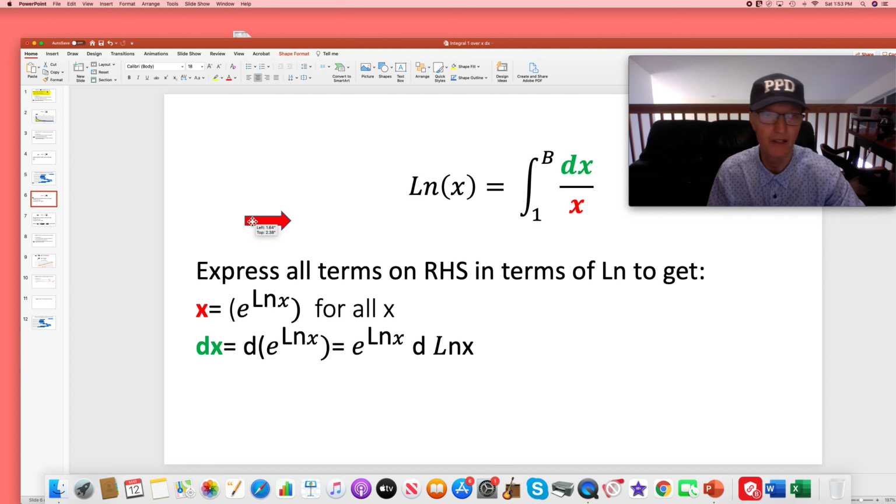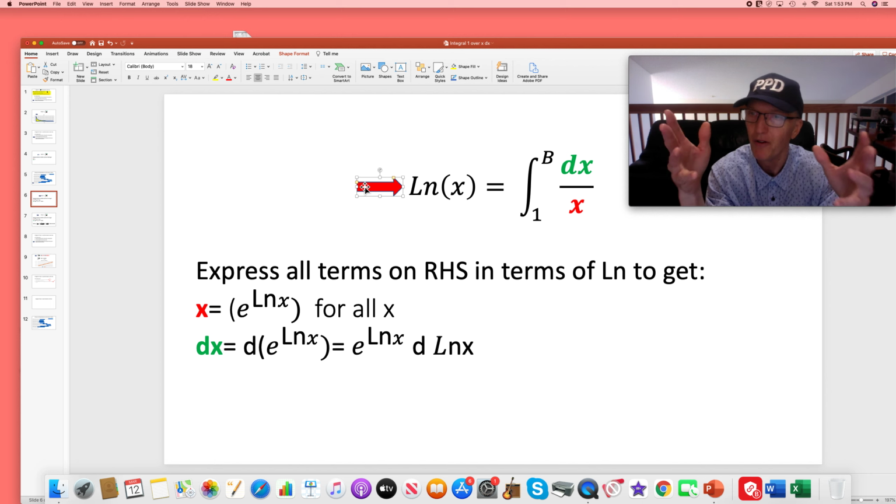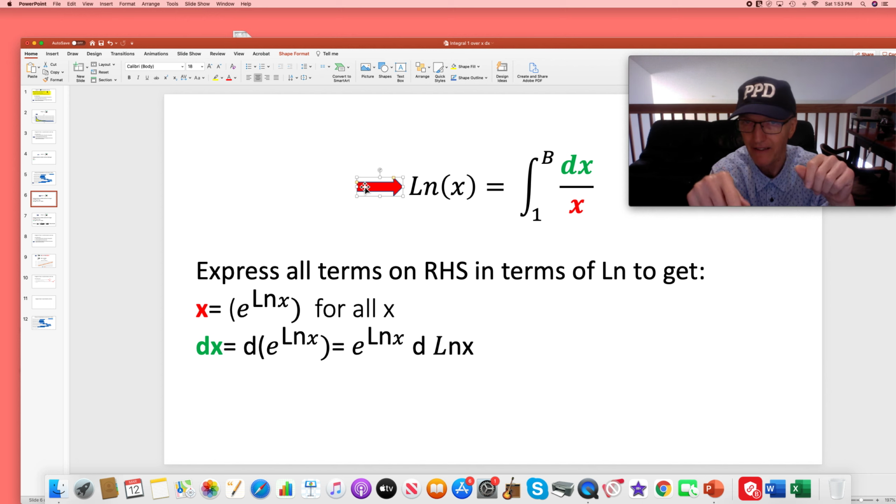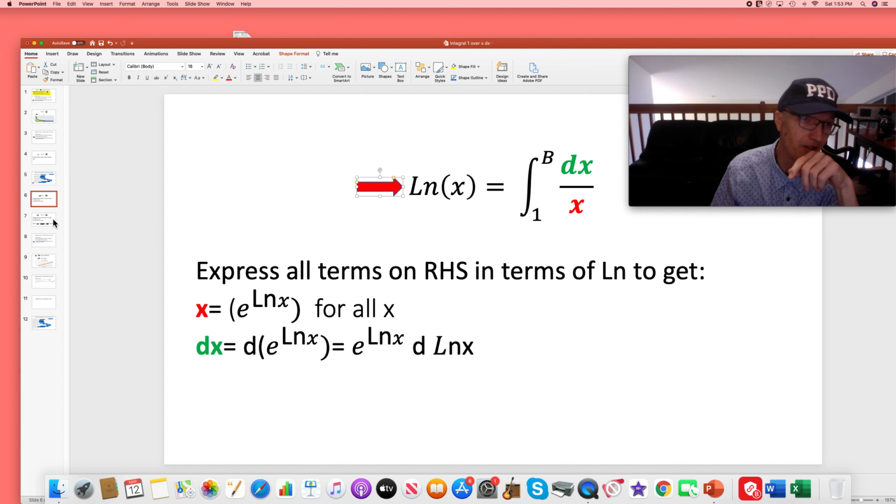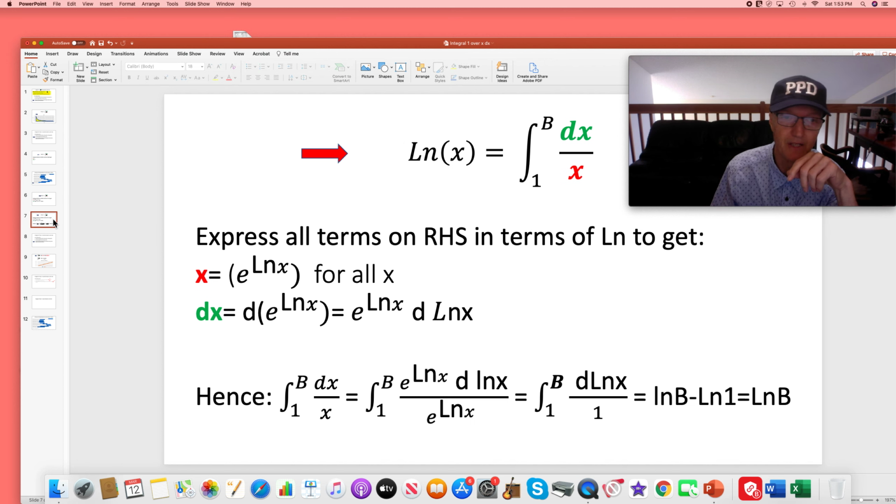And then, hopefully, when we're done, it'll show us directly why the integral of 1 over x dx is equal to ln x. So let's see this. It's like an experiment. Here I've shown this top part, which we've already seen, but this is new, the hence: the integral from 1 to b of dx over x. And here I make substitutions.